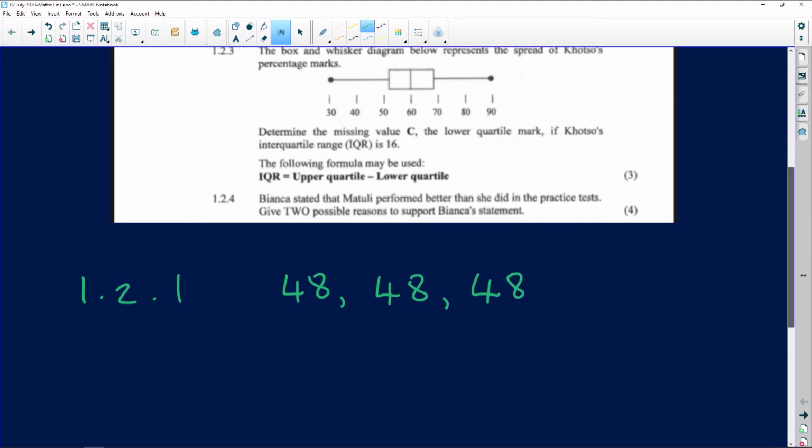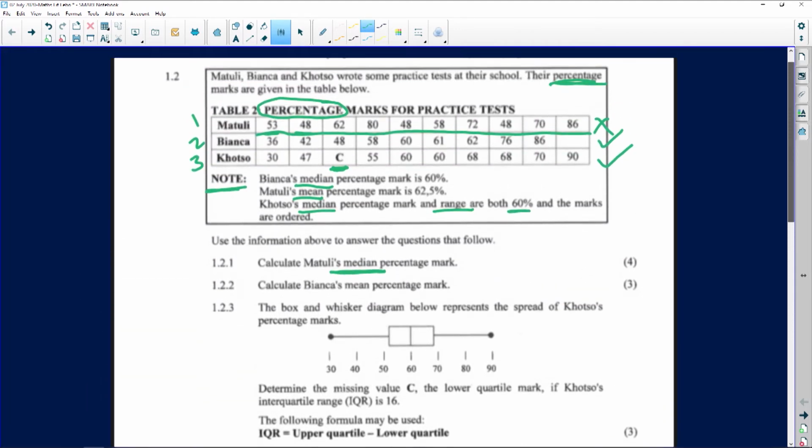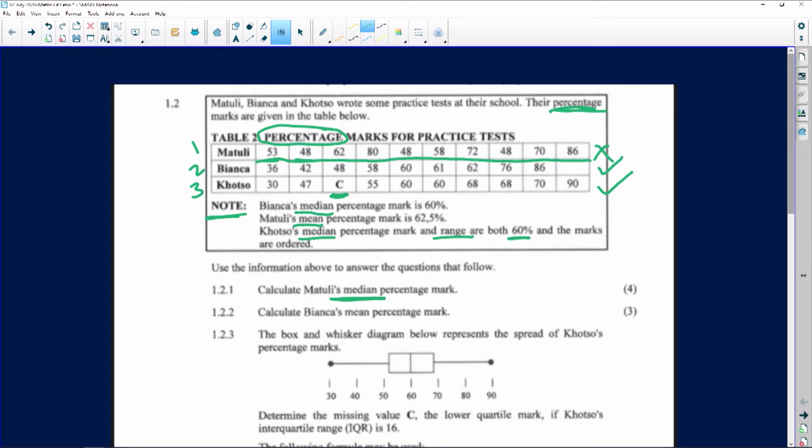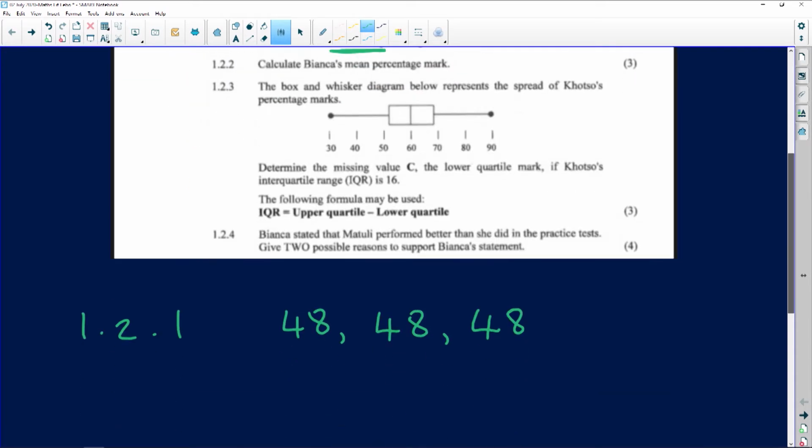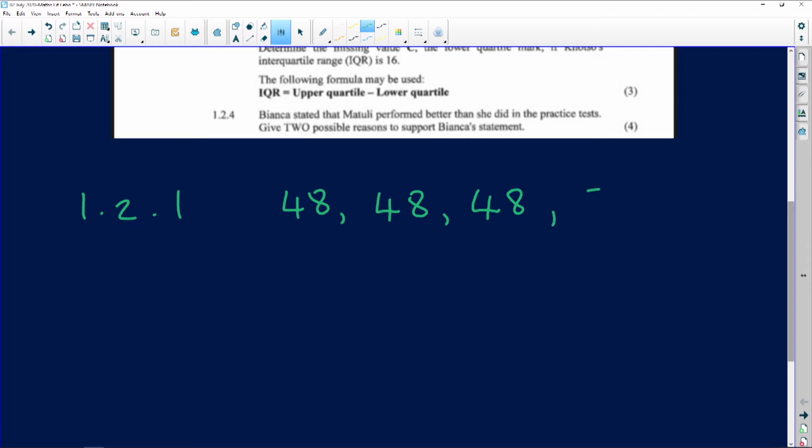And the nice thing that you can do whenever you're doing something like this, go and remove it. Scratch it out. 48, 48, 48. I've removed all the 48s. Now I need to see which mark is the next one. And looking at it, I can already tell that 53 is the next one. And followed by 53 is 58.